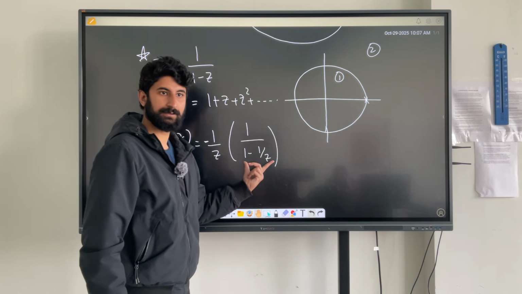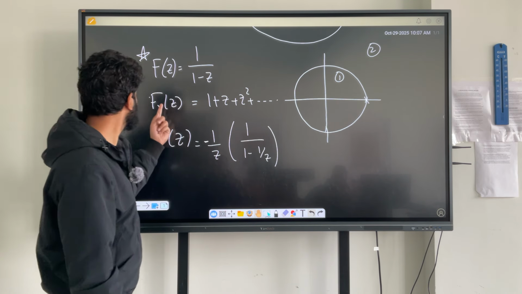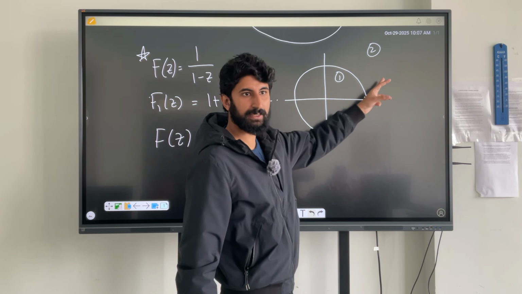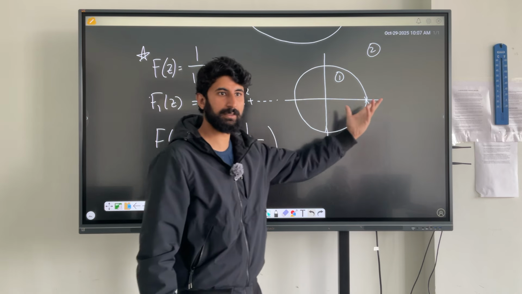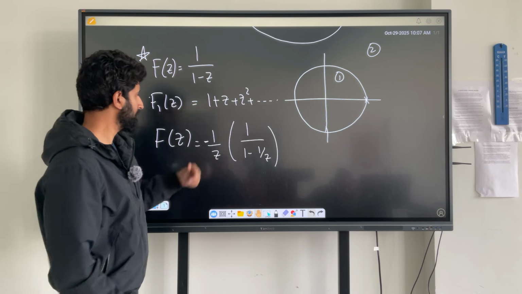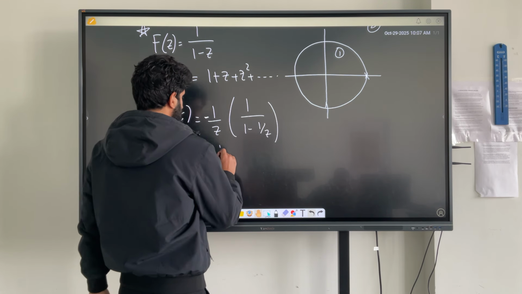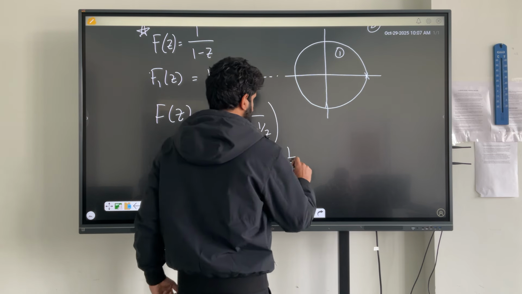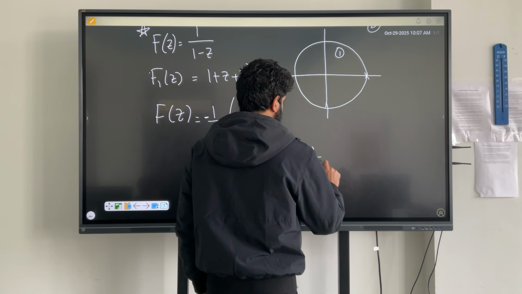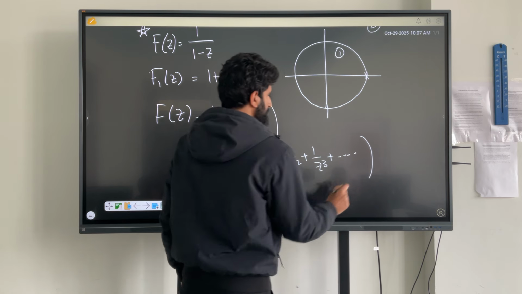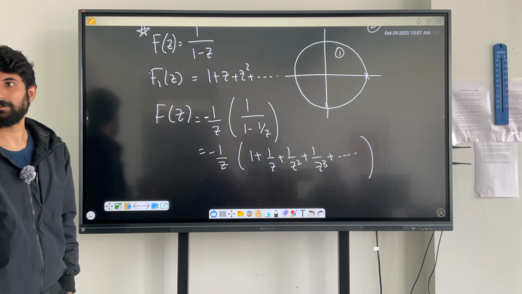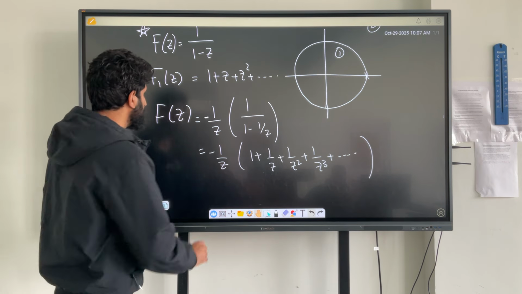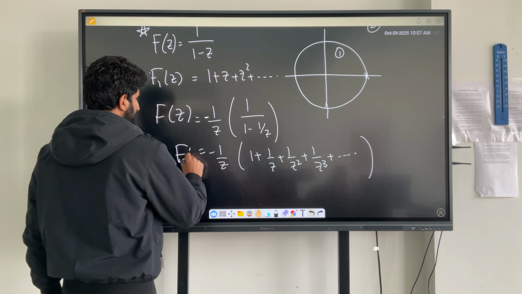But this guy, I can expand, because where am I? Mod z bigger than 1. So 1 divided by mod z would be smaller than 1. So this is perfectly fine. So I can write it as 1 plus 1 by z plus 1 by z square plus 1 by z cube. Right? Works. So this is basically F2 of z.